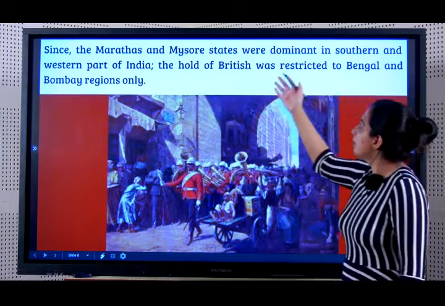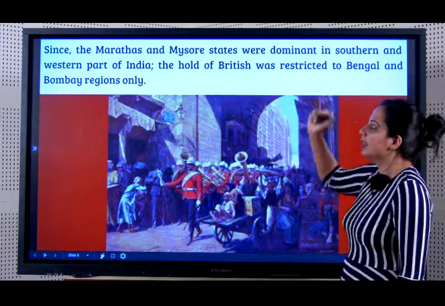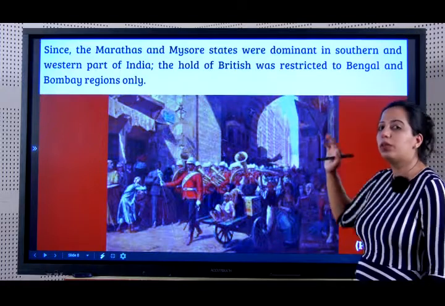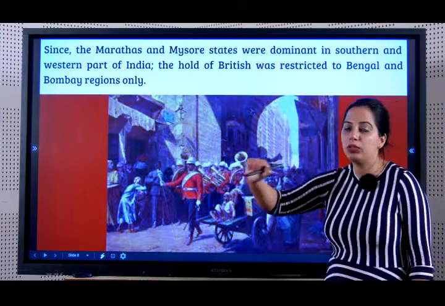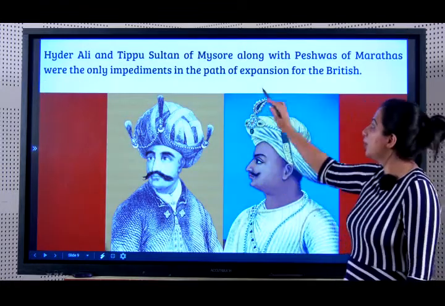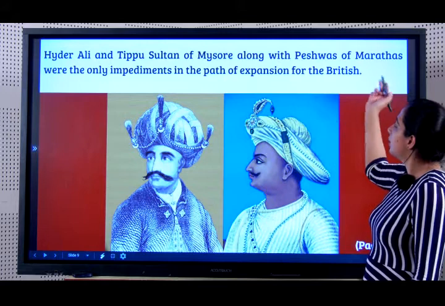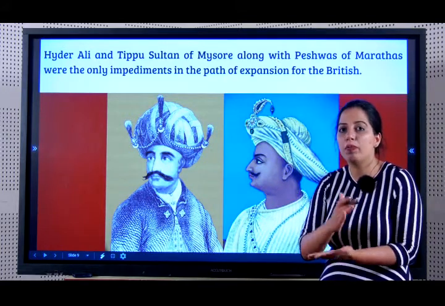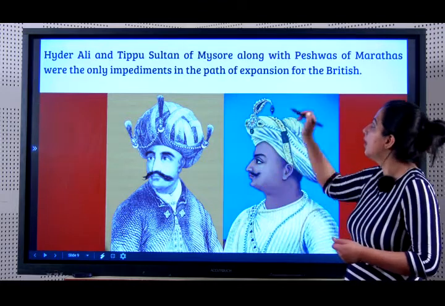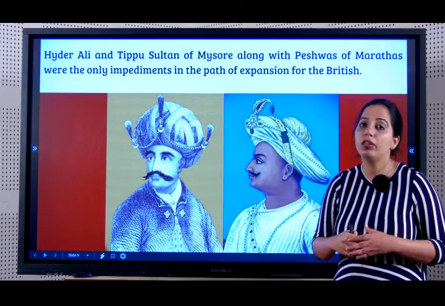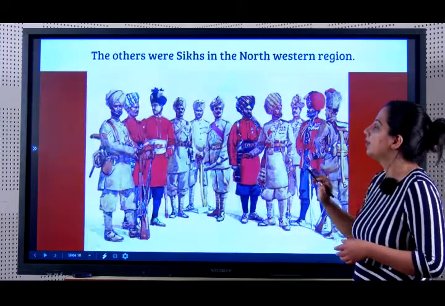Since the Marathas and Mysore were dominant in the southern and western parts of India, the hold of the British was restricted only to Bengal and Bombay. Hyder Ali and Tipu Sultan of Mysore, along with the Peshwas of the Marathas, were the only obstruction in the path of the British to conquer the whole of India.